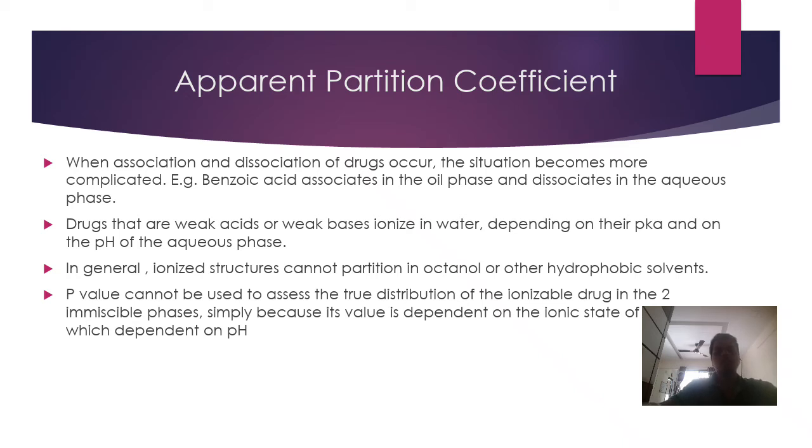So in the partition coefficient, two phenomena take place: first the association, and second the dissociation. Benzoic acid in the oily or hydrocarbon phase becomes associated with each other and forms a dimer, and in the aqueous phase it gets dissociated.